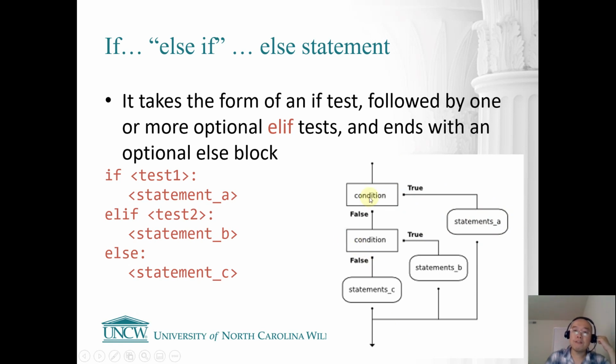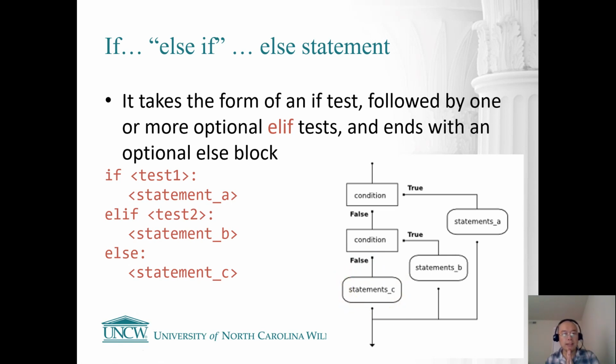If the first condition is false, we check the second condition. If the second condition is true, we go to the elif branch, execute statements B, and then finish the sequence of if, elif, and else. Otherwise, if the second condition is also false, we have an else branch, so eventually we go to the statements C.